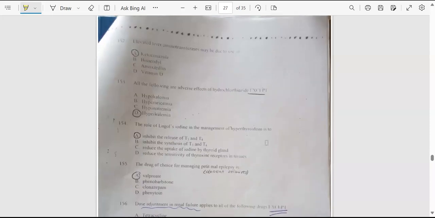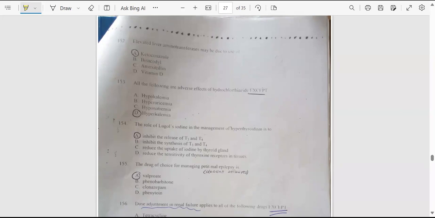Okay, I'm here. Elevated liver aminotransferases may be due to which drug here? Ketoconazole, bisacodyl, amoxicillin, or vitamin D. Which of those can cause elevated liver aminotransferases?